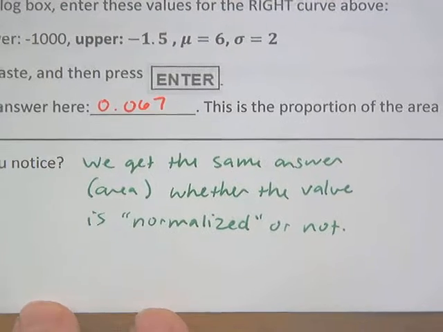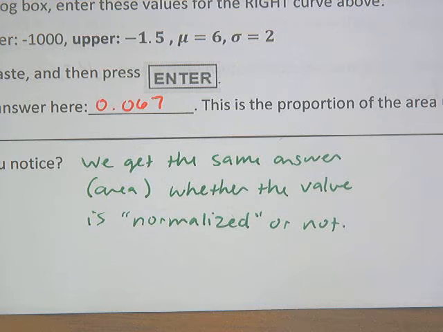As you're writing that down, just listen. I got the same answer whether I had taken all of the values and standardized them and found their z-score or not, okay? So you might be thinking, well, then what was the point of doing all that work? I'll answer that on the next page. So make sure you've got this written down. You got the same answer whether the value is normalized or not.